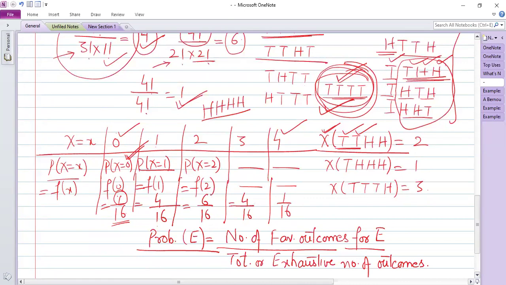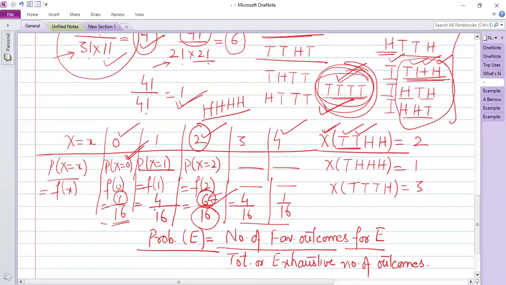Actually, there are six favorable cases for two tails out of a total of 16 outcomes. The rest you can very well figure out.